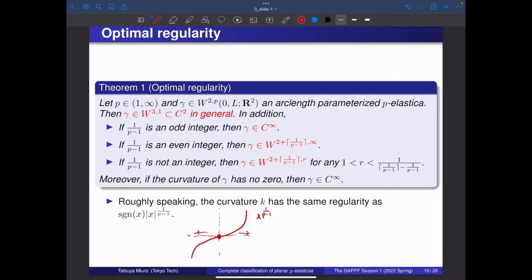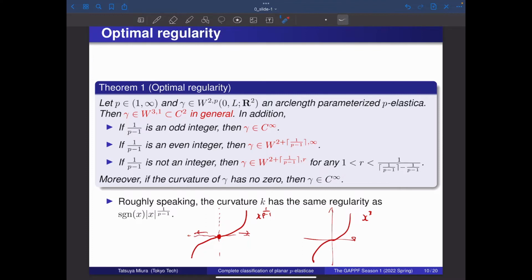And now you imagine that, for example, if 1 over p minus 1 is an odd integer, say 3, then of course we have a smooth curve. So this function is smooth. And actually the corresponding p-elastica is smooth.